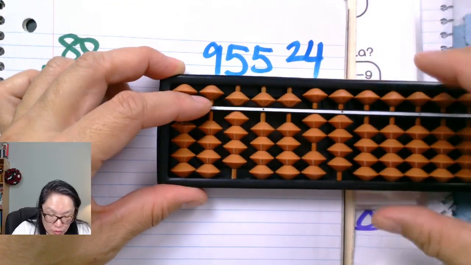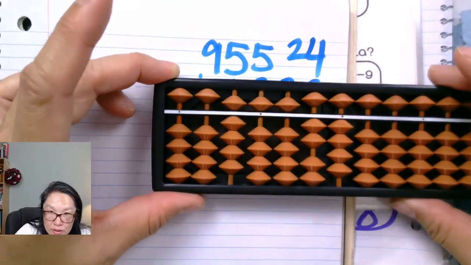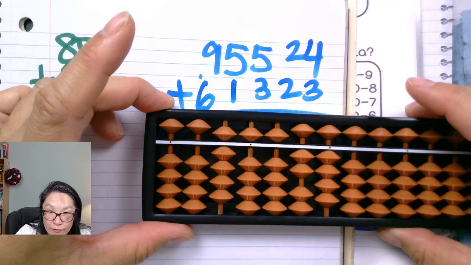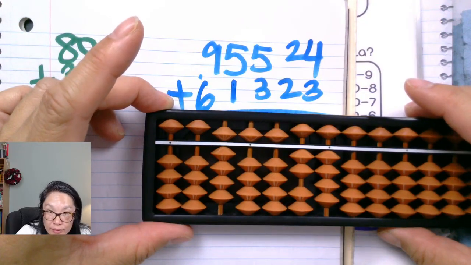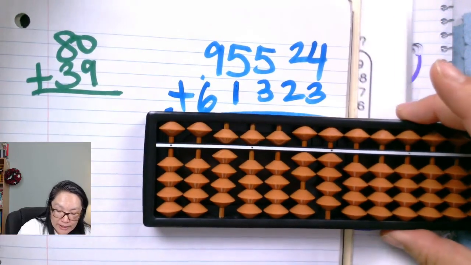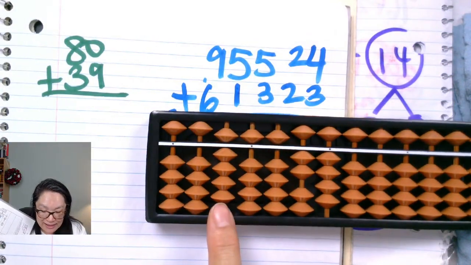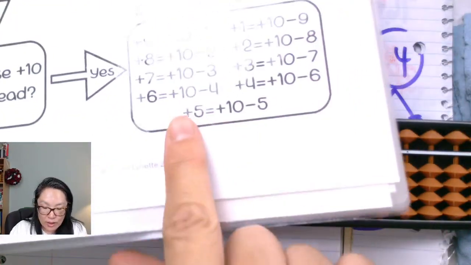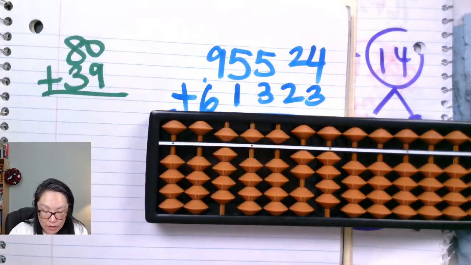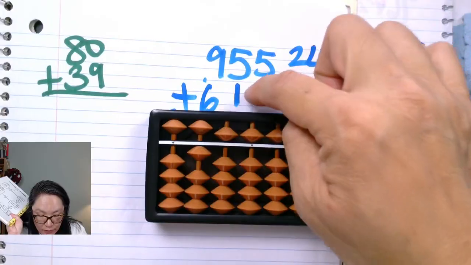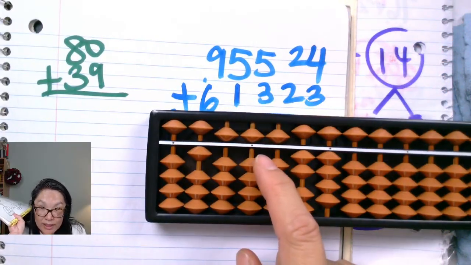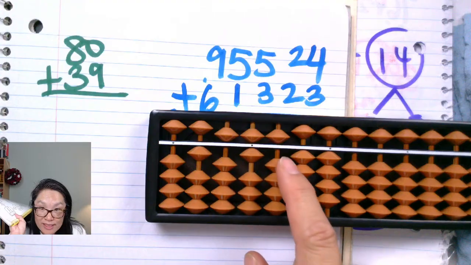All right, so what we could do is find a friendly number. I don't know why you would want to. But in abacus world, we want to add the 6. When we add the 6, we want to plus the 10 minus the 4. Is there enough beads to add the 1? Yes. Is there enough beads to add the 3?